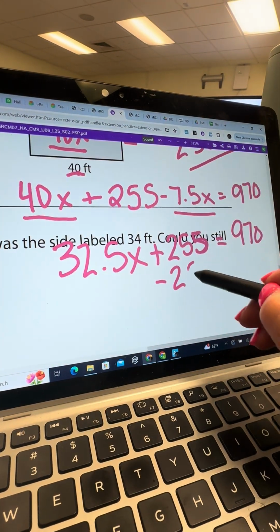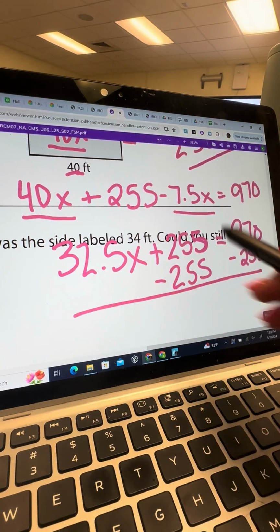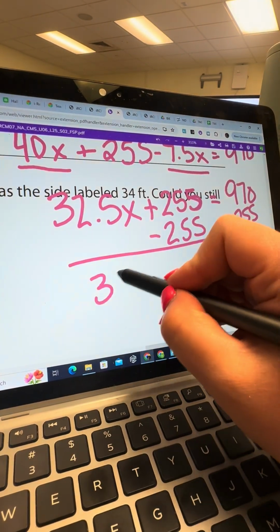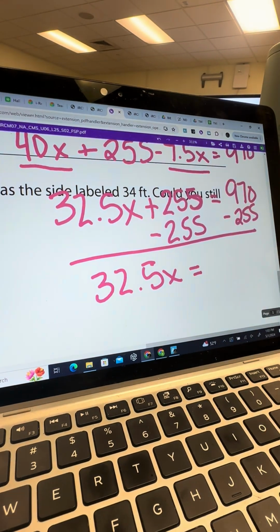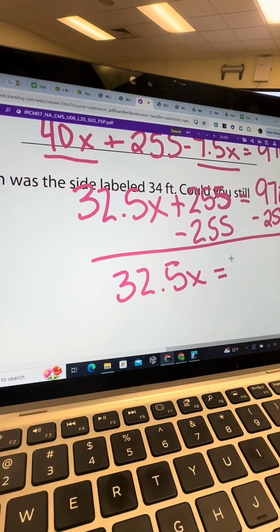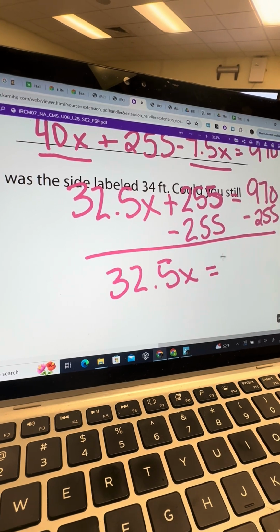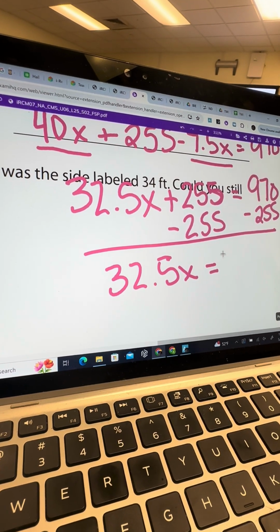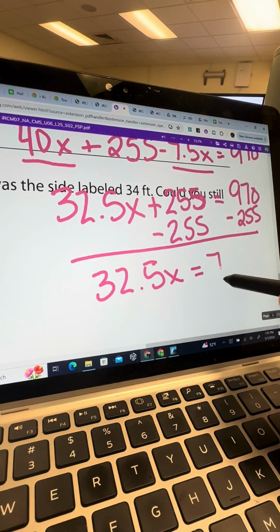So minus 255 from both sides. And that's 32.5x equals 970 minus 255, which is 715.